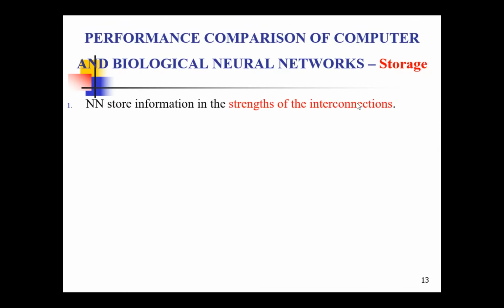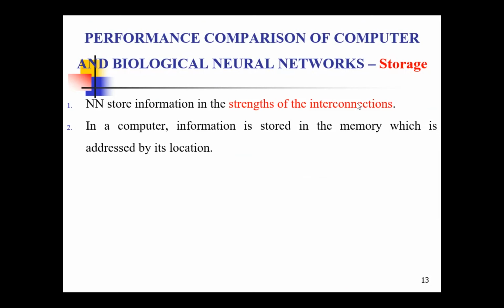Then storage. The neural network's strength is its interconnections, how the neurons are interconnected with each other. In a computer, the information is stored in a memory, either external memory or internal memory, and each and every location is given its address.